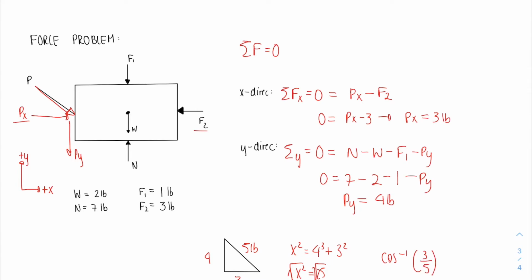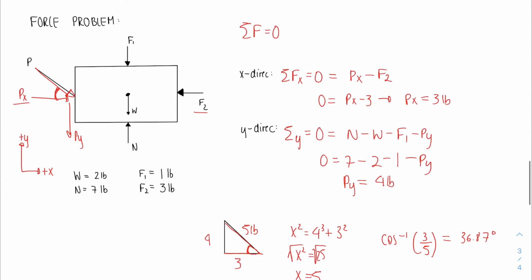And we know that we want to use cosine because we want to find this angle. So it will be, and that would give you 36.87 degrees. So our final force would be 5 pounds at 36.87 degrees.